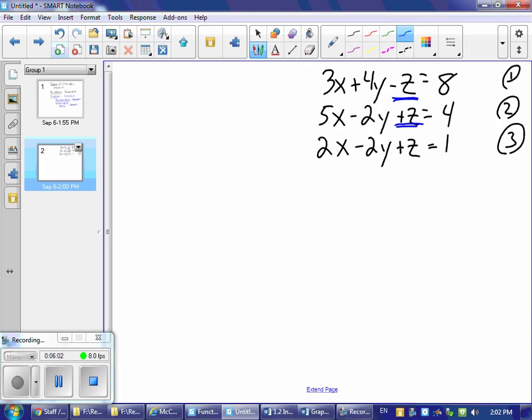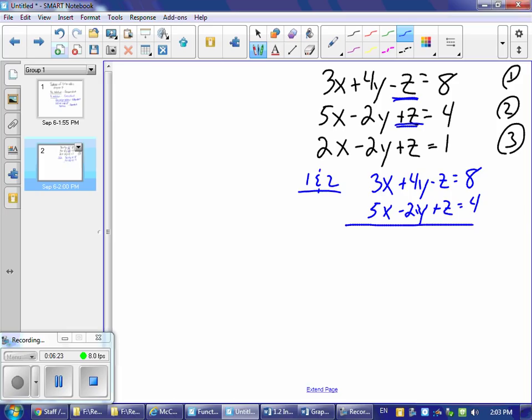So my first step is I'm going to take equations 1 and 2, rewrite them, and now by using linear combination, I can simply add straight down.